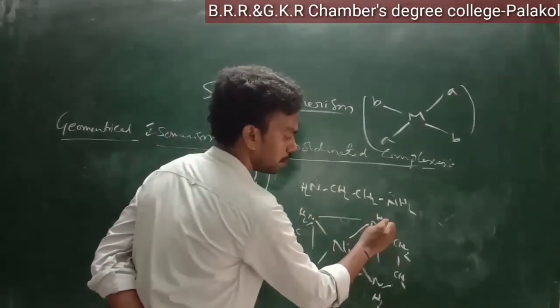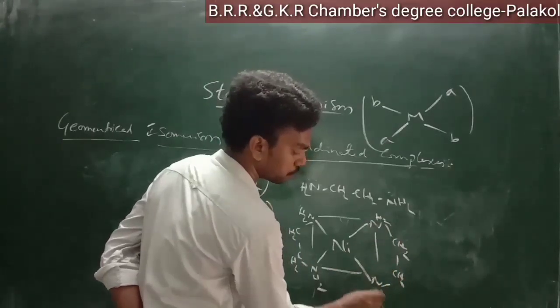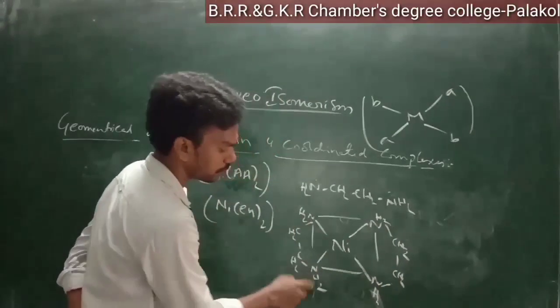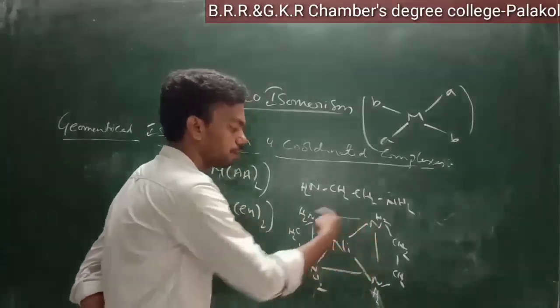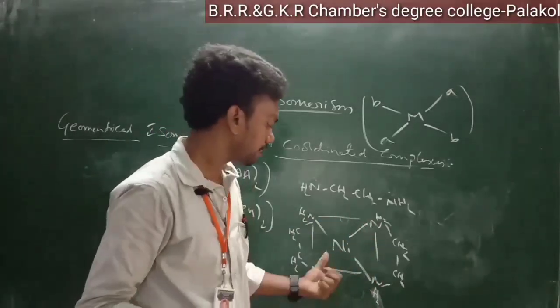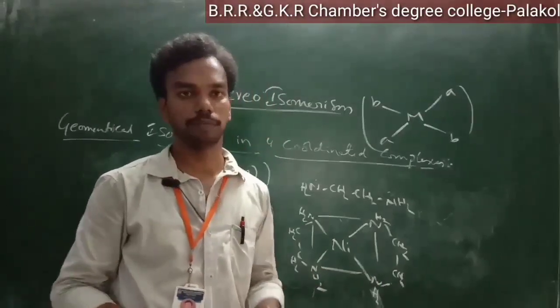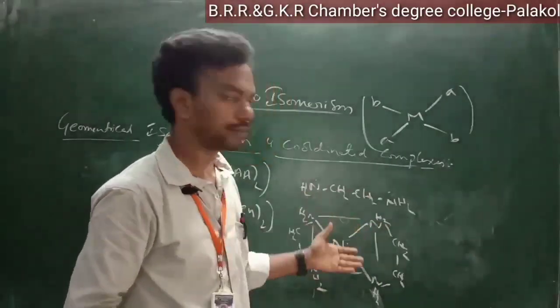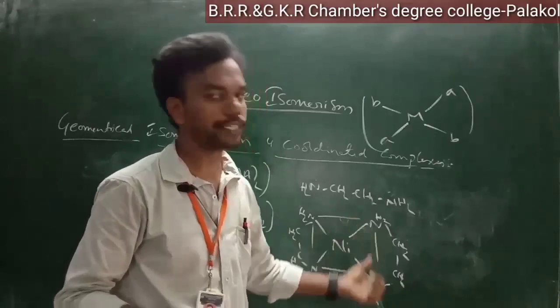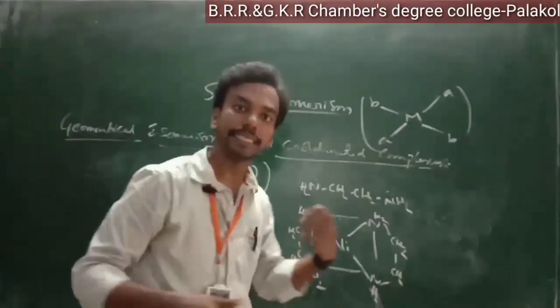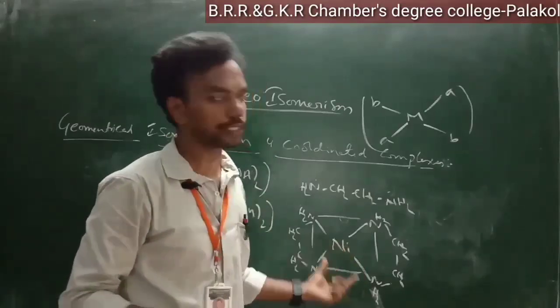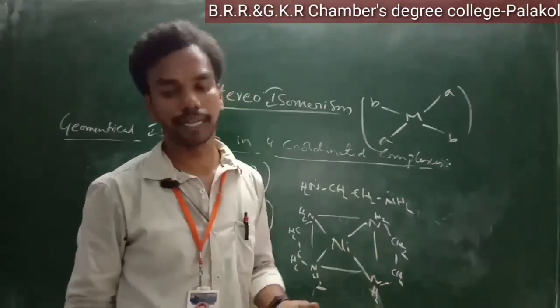So all the 4 donor sites are nitrogen, all the same. So that's why this complex does not show any geometrical isomerism, because all the 4 donor atoms are same. If you interchange these 2 ligands, you are getting same structure. That's why this complex does not show any geometrical isomers.